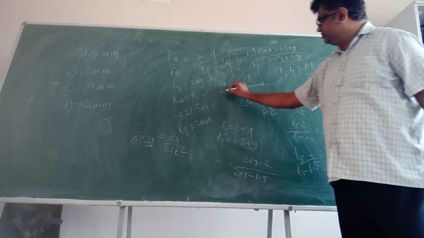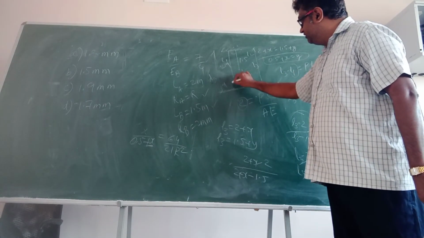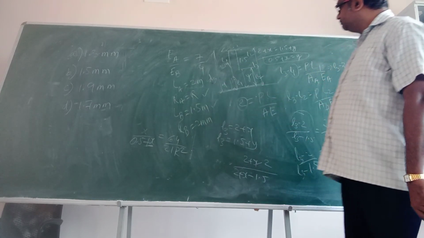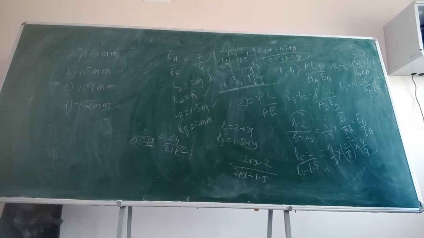So they are stretched up to here. So this is your E1 and this is your E2. E1 by E2.